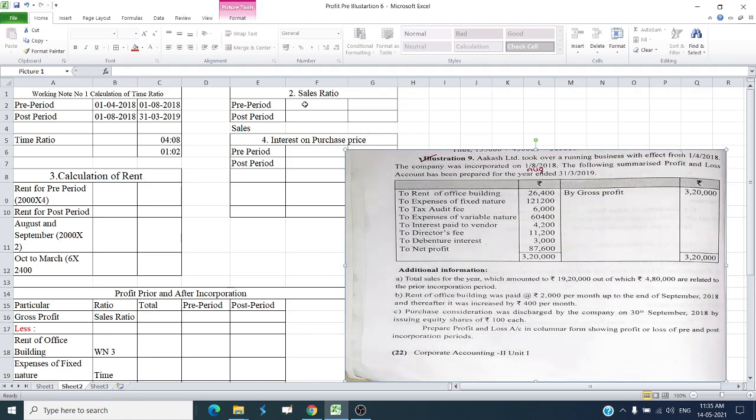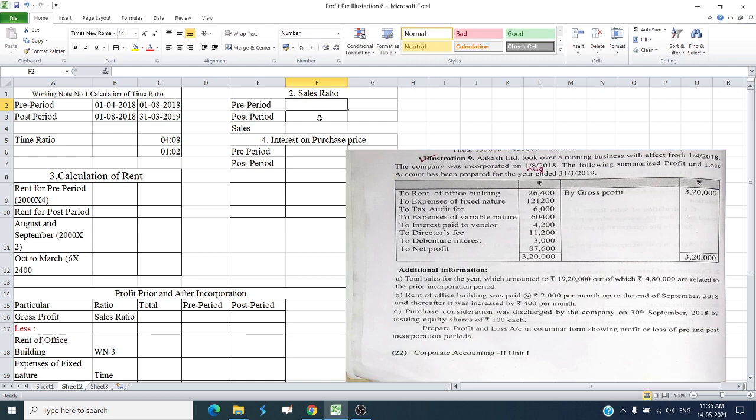See how to calculate the sales ratio. Here the total sales is given, that is 19,20,000, and the pre-period sales is given, that is 4,80,000, and the balance will be the post incorporation period.